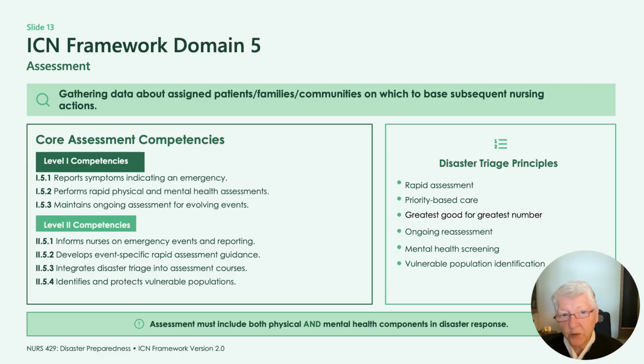At level 2, nurses take on a leadership role in assessment. They inform other nurses about emergency events and reporting processes. They develop event-specific rapid assessment guidance, and they integrate disaster triage into assessment, education, and finally, they identify and protect vulnerable populations.